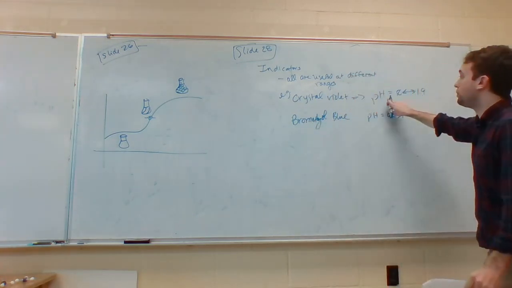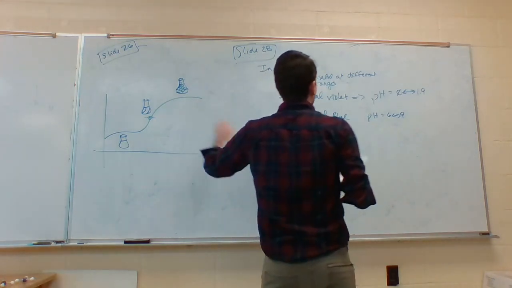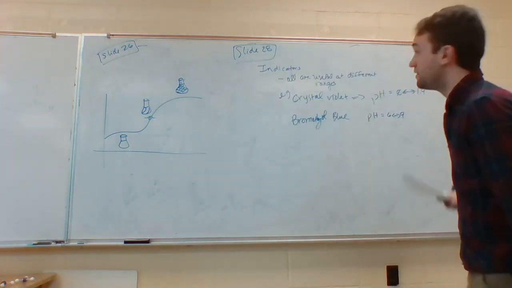So you wouldn't want to use crystal violet if your equivalence point happened to be somewhere around 7.